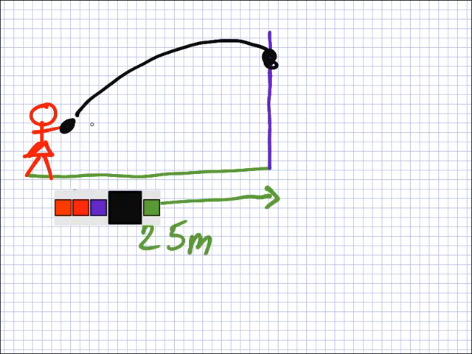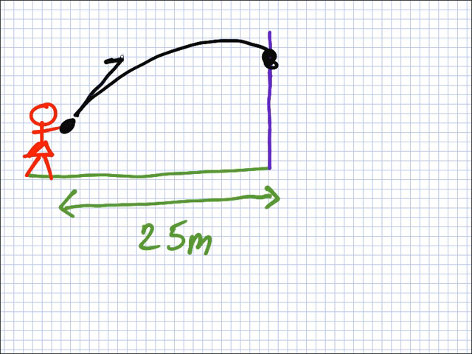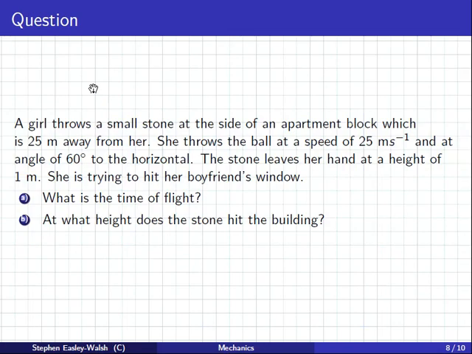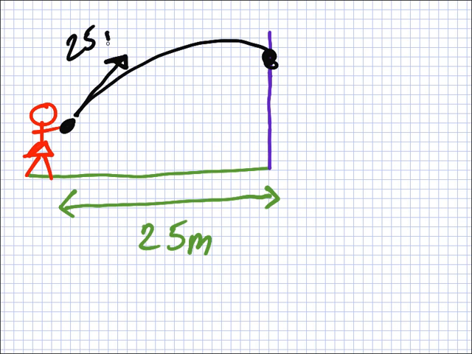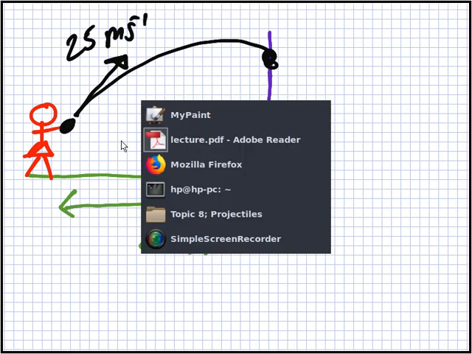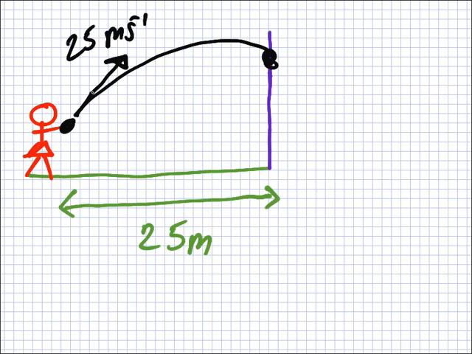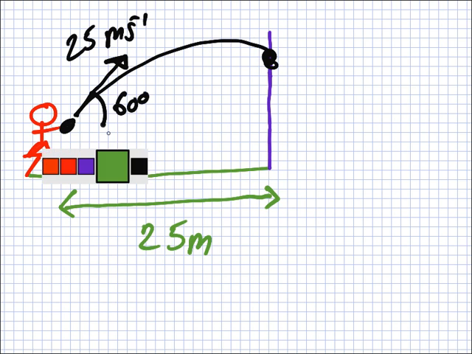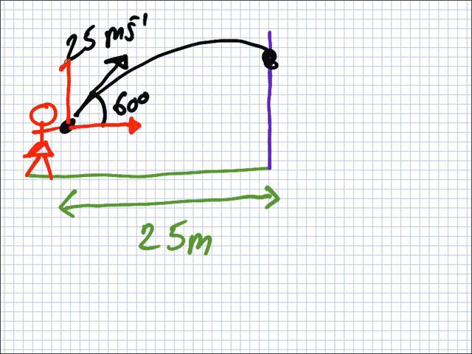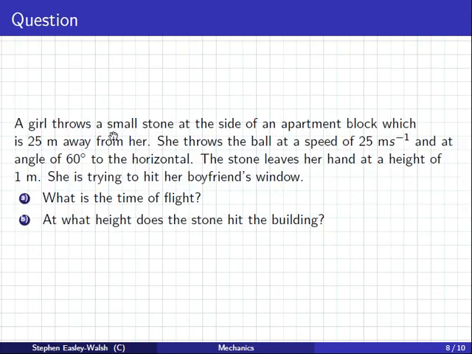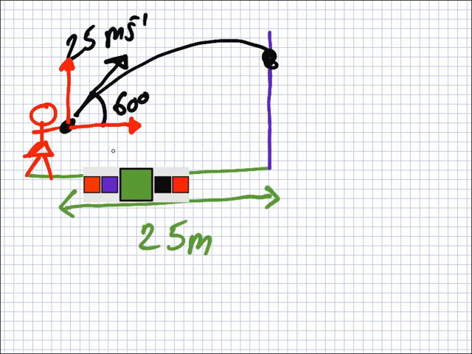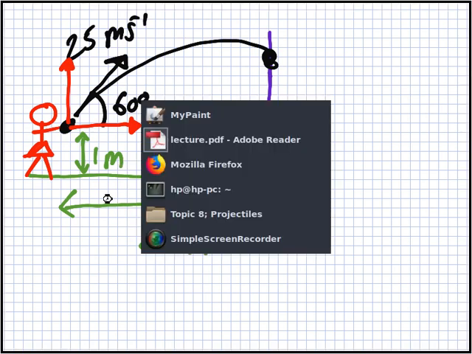Okay, and then this here is fired at a speed of 25 as well. Okay. And the angle here is 60 degrees. And just like before, you know it has a horizontal and a vertical. Okay, this distance here at the beginning is 1 meter.